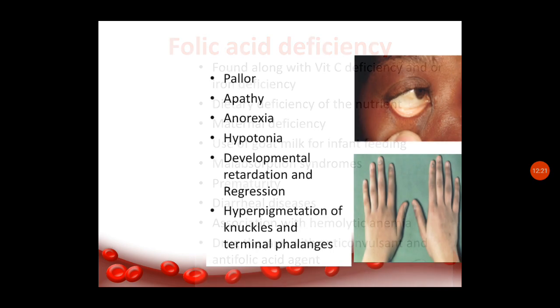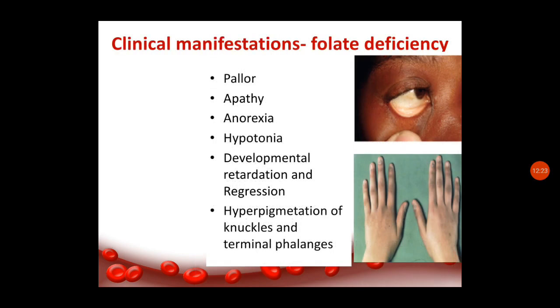Now we can see the clinical manifestations of folic acid deficiency. So pallor, apathy, anorexia. These things were already discussed in the general anemia manifestations, and everything can be seen here also. Hypotonia and developmental retardation, regression. And some changes which happen are hyperpigmentation of knuckles and terminal phalanges.